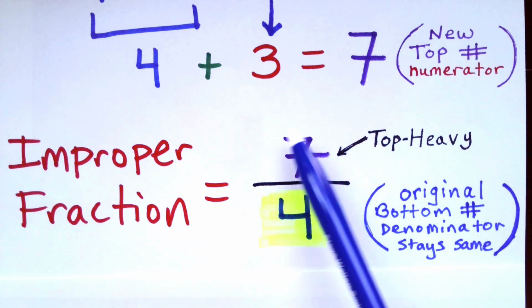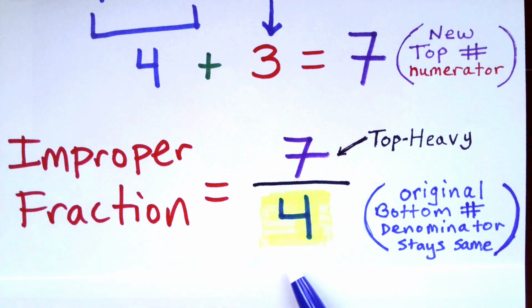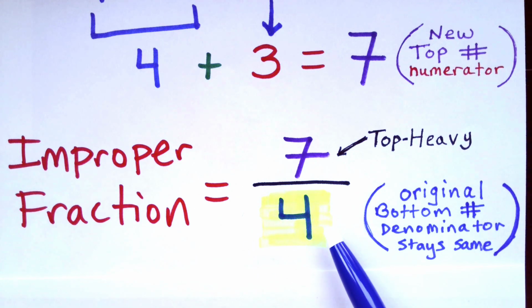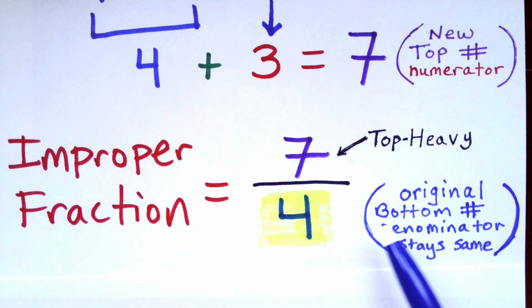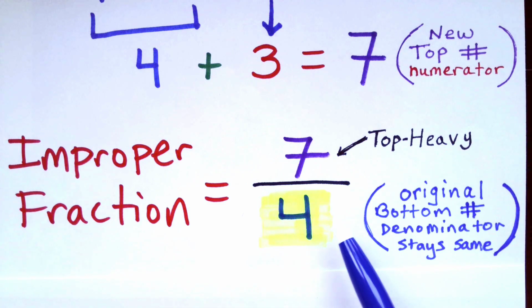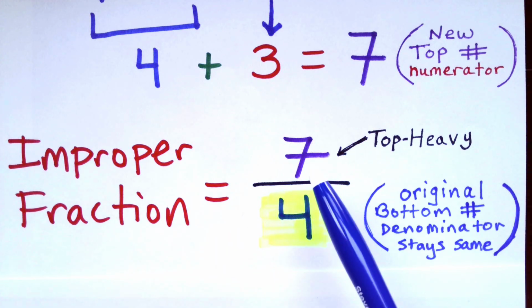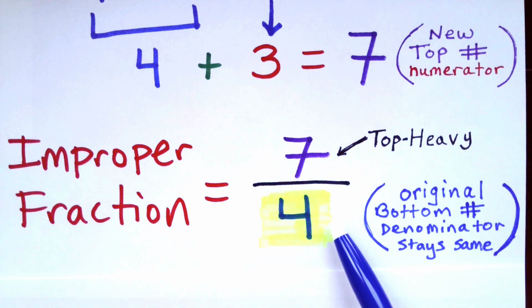And this fraction is top heavy. That means the top number is bigger than the bottom number. And the denominator that we started with, of 4, our original bottom number, stays the same throughout. So our improper fraction is 7/4. So we went from a mixed number, 1 3/4, and we converted it into an improper fraction, 7/4.